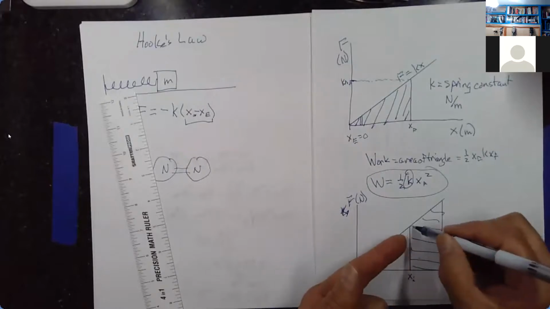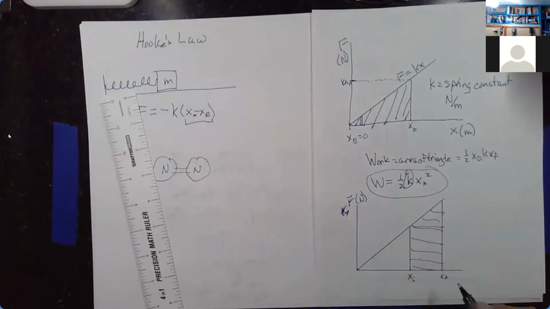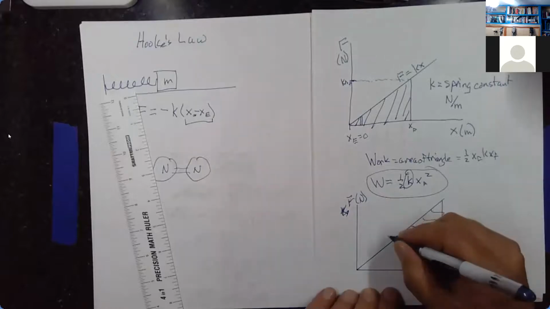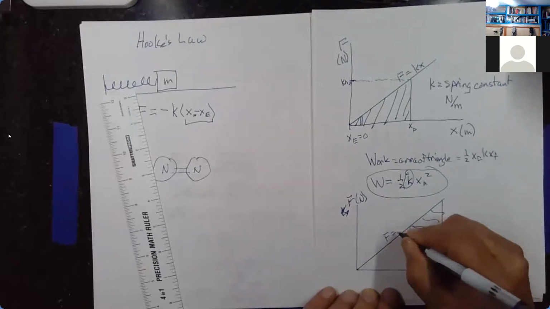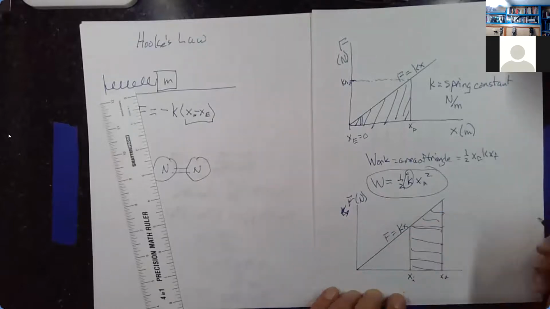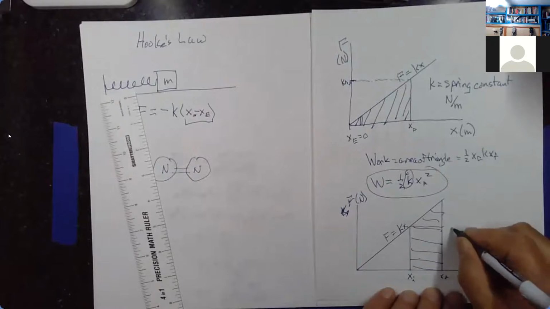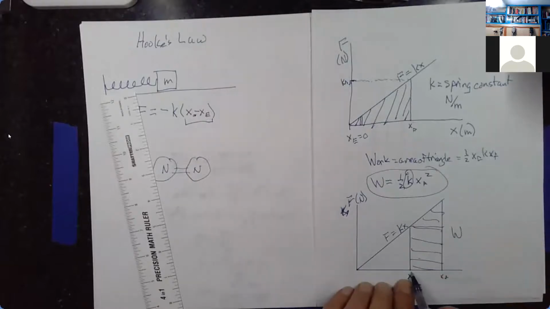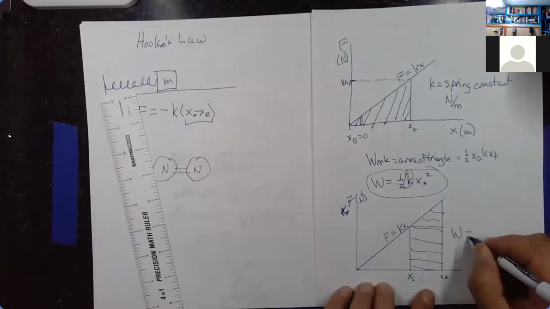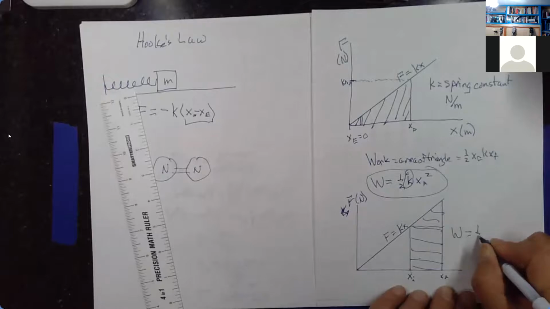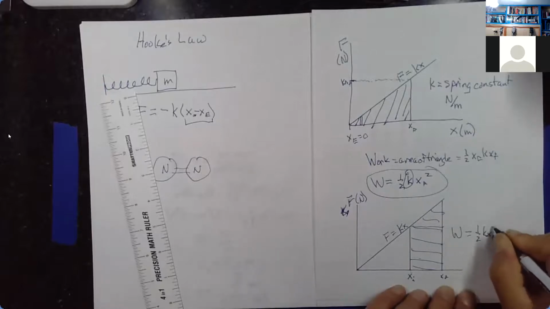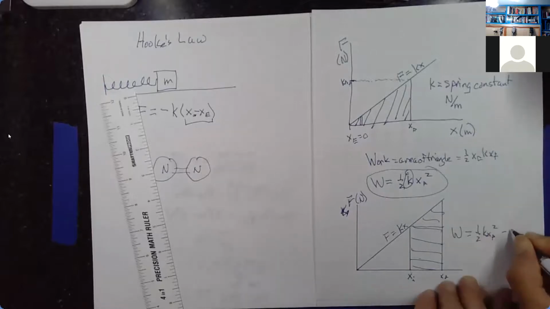It's a rectangle with a triangle stacked on top of it, but it turns out, in this case, we'd have F equals kx again. Turns out the work that we would do in stretching it from x initial to x final ends up being 1/2 kx final squared minus 1/2 kx initial squared.